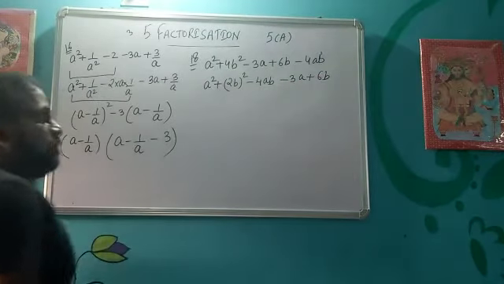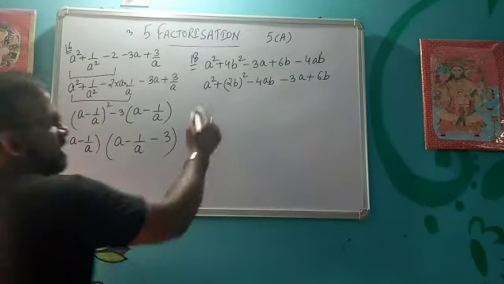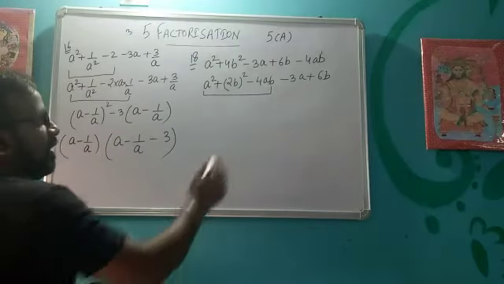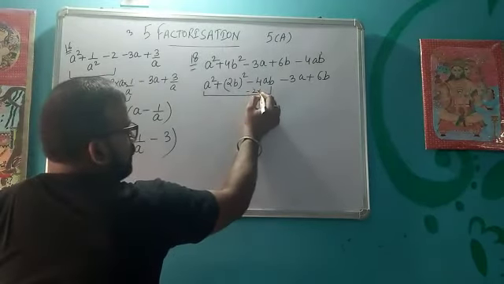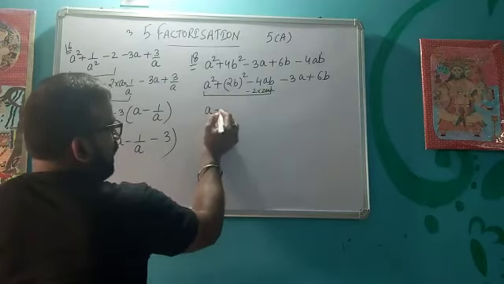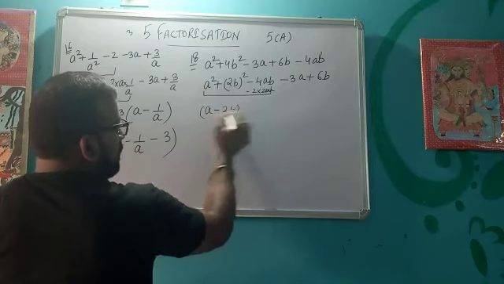Okay. So if you see very carefully now, again this is actually what? Minus 2 into 2b into a. So it is actually a minus 2b whole square.